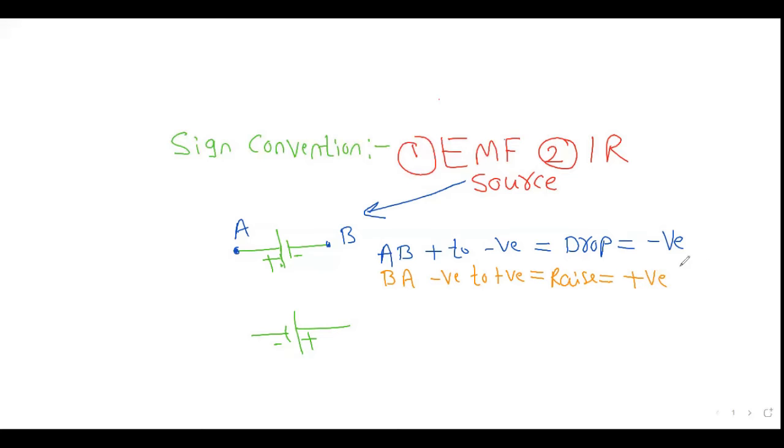So whatever the voltage might be, in this case it would be plus X volts, and for the first case it will be minus X volts. This is the sign convention for EMF source.